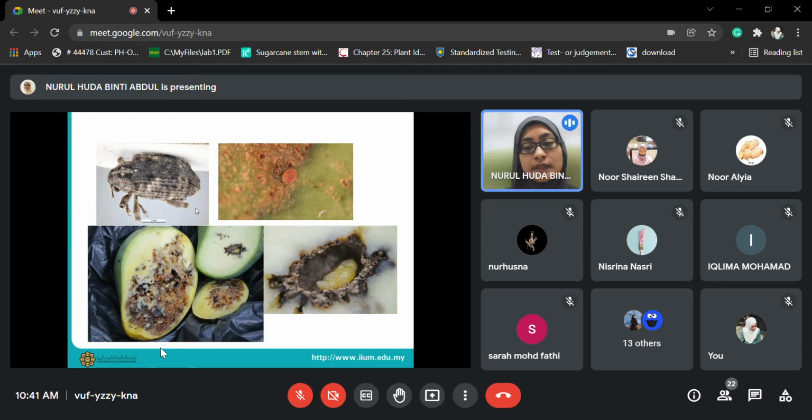Waktu buah tu still size around ping pong ball, so that dia punya development of stage sama dengan development of this fruit. Maksudnya insect ni akan membesar sekali dengan buah tu membesar.